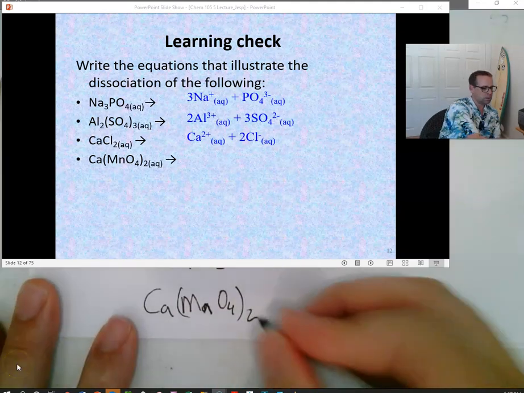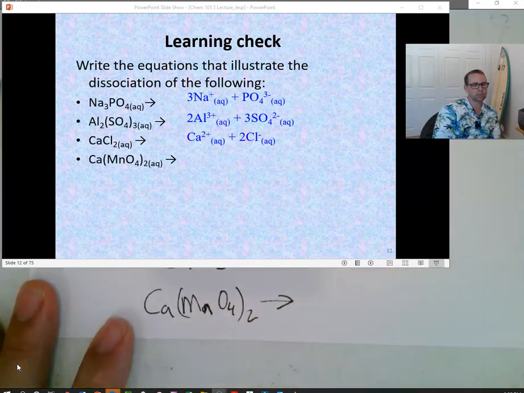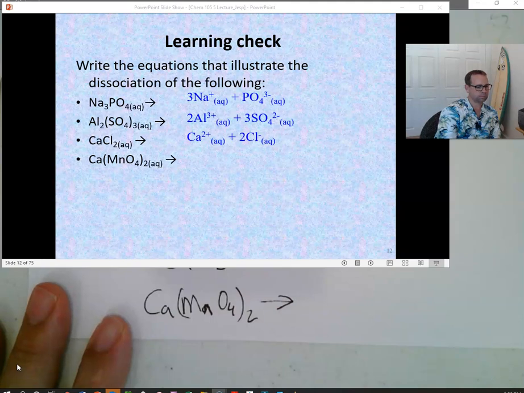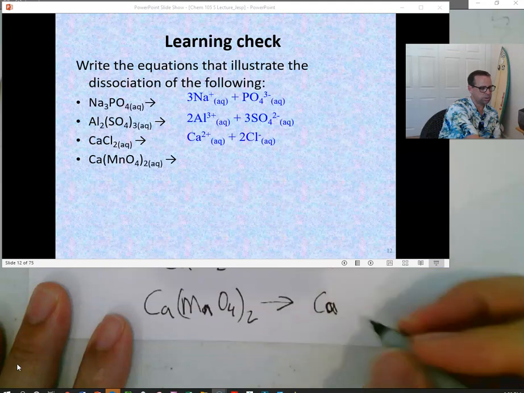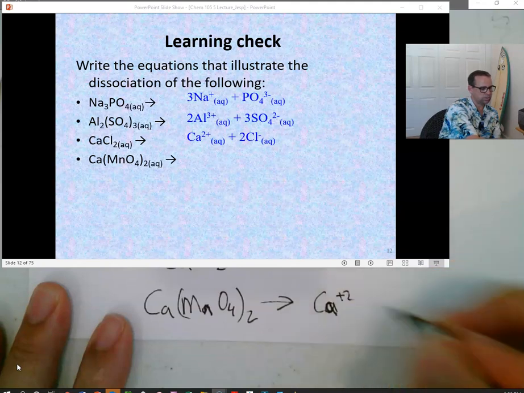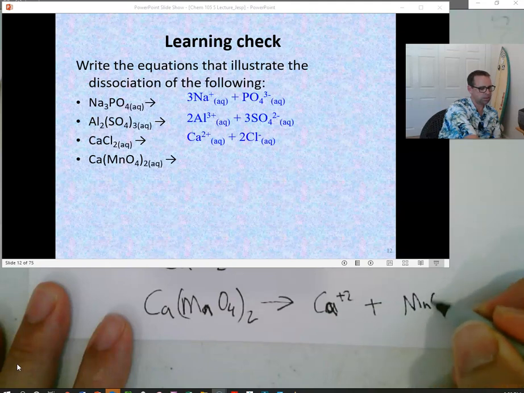All right, so calcium permanganate, when placed into water, what are the resulting ions? Calcium. What's the charge? +2. Positive 2, that's right. And? Permanganate, that's right. And what's the charge on the permanganate ion?